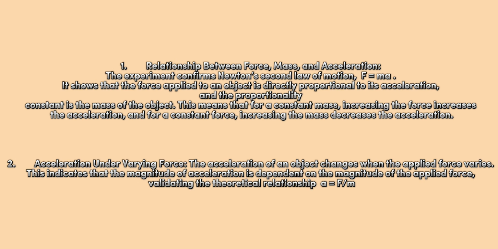This means that for a constant mass, increasing the force increases the acceleration, and for a constant force, increasing the mass decreases the acceleration. Acceleration under varying force. The acceleration of an object changes when the applied force varies. This indicates that the magnitude of acceleration is dependent on the magnitude of the applied force, validating the theoretical relationship a equals F over m.